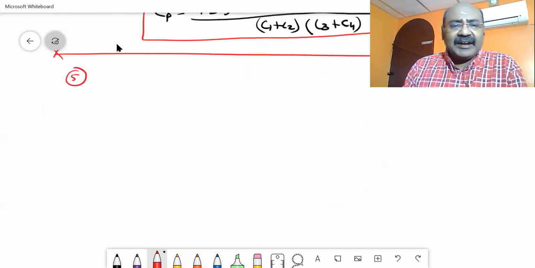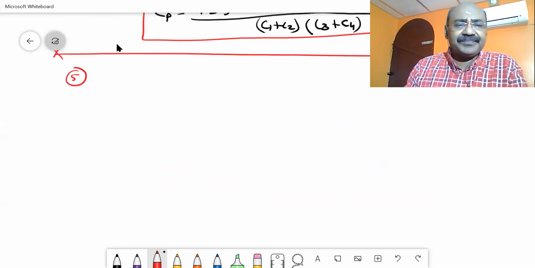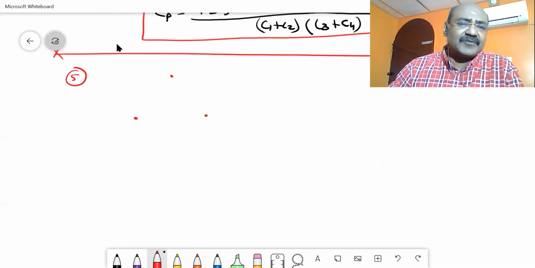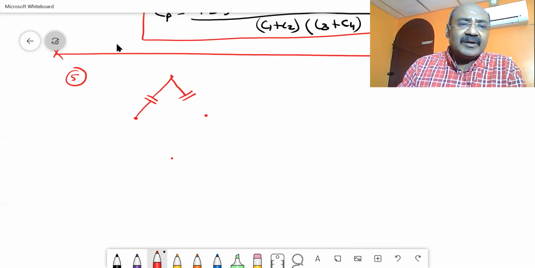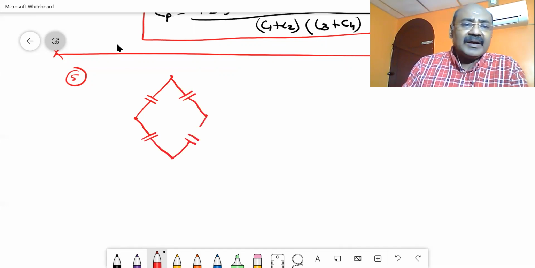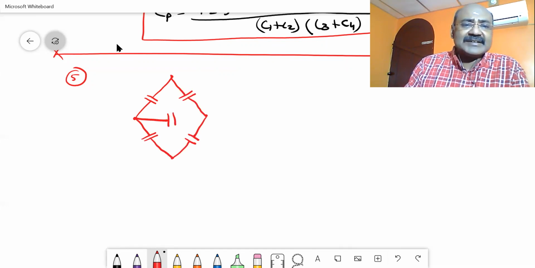You have 4 junctions, and across those 4 junctions you have 4 capacitors. This is 1, this is 2, this is 3, and this is 4. In between you also have one more capacitor.